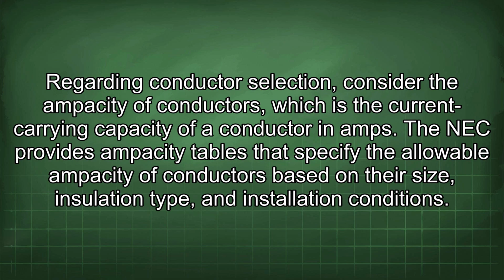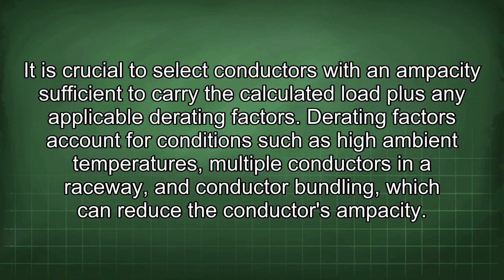Regarding conductor selection, consider the ampacity of conductors, which is the current carrying capacity of a conductor in amps. The NEC provides ampacity tables that specify the allowable ampacity of conductors based on their size, insulation type, and installation conditions. It is crucial to select conductors with an ampacity sufficient to carry the calculated load plus any applicable derating factors.